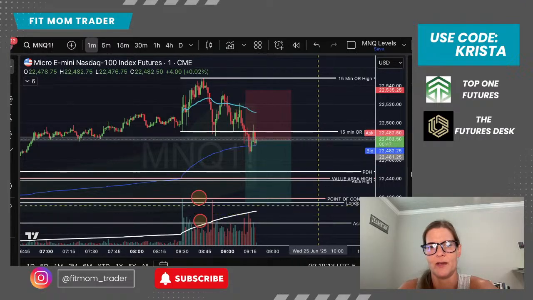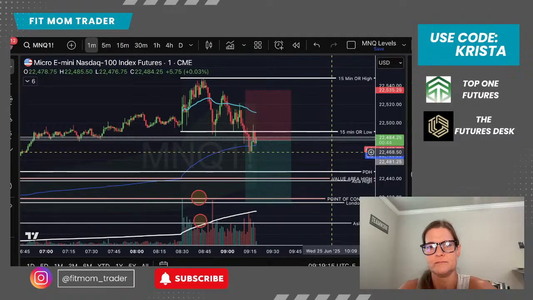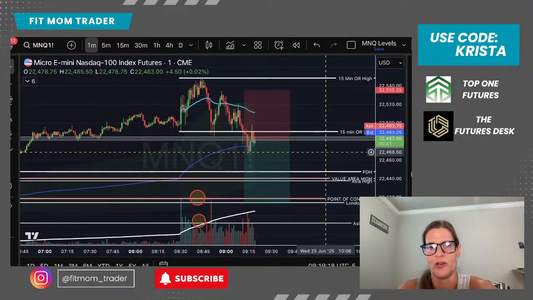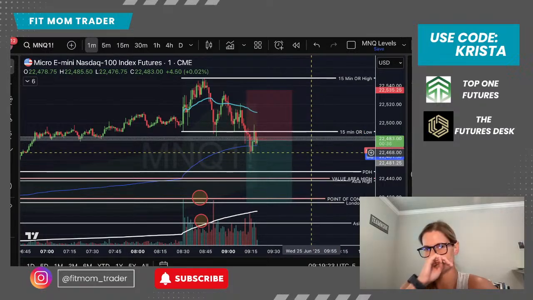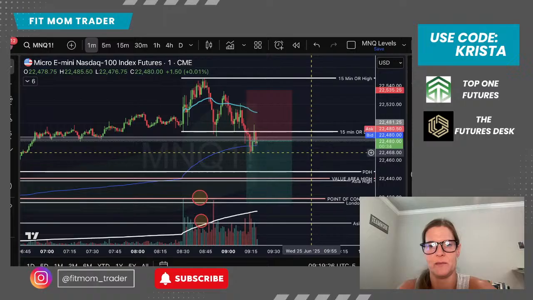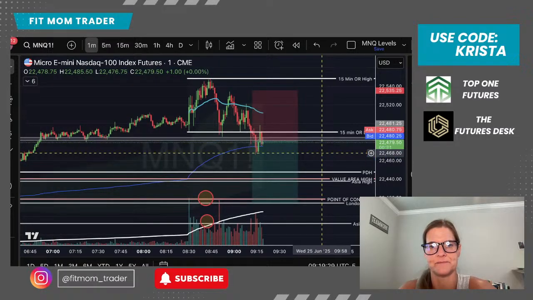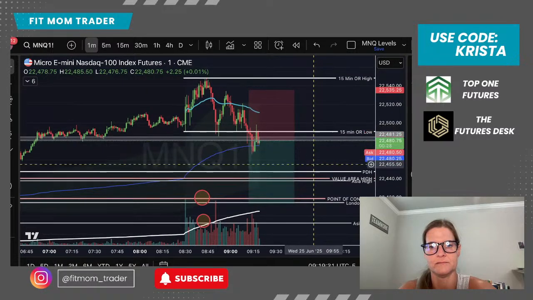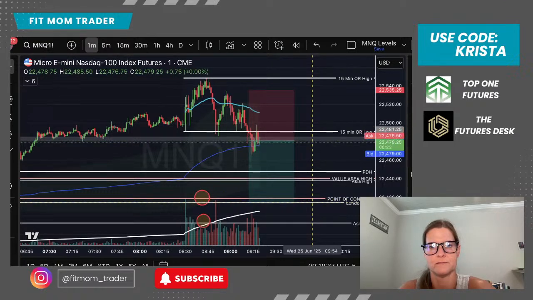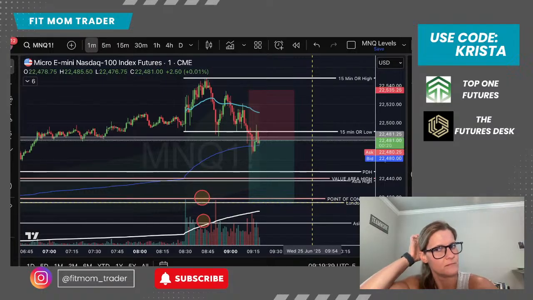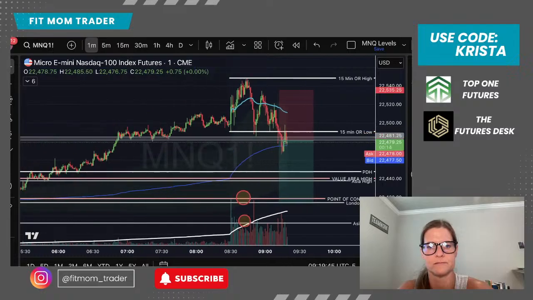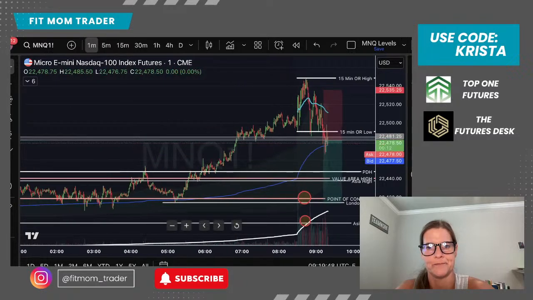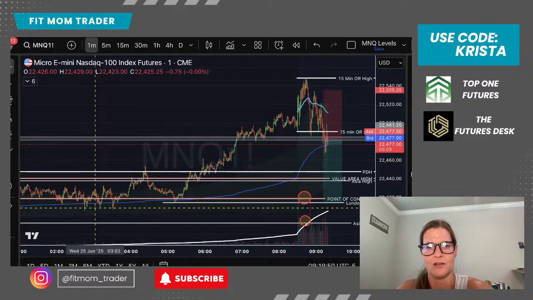Still not getting below that VWAP. Kind of wondering if this is going to be a fake breakout to the downside. We have about 11 minutes until the initial balance is set. We have lots of liquidity over here to grab.